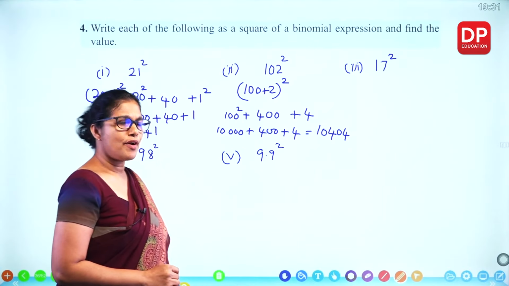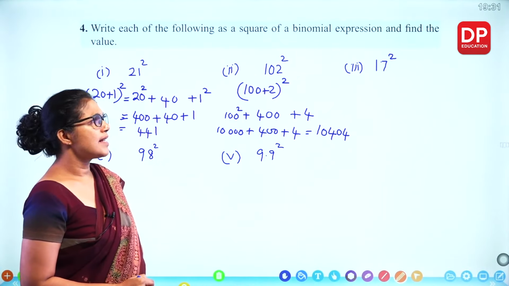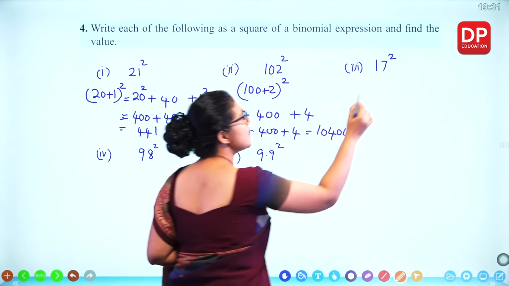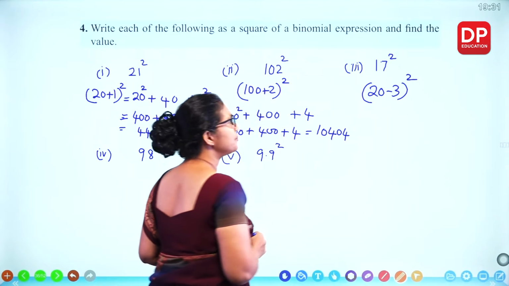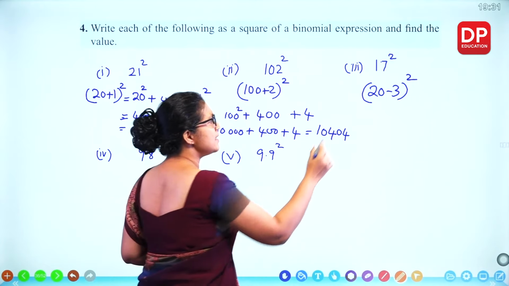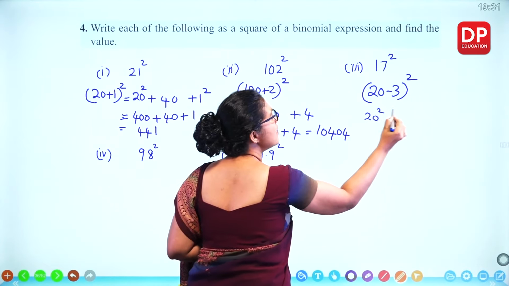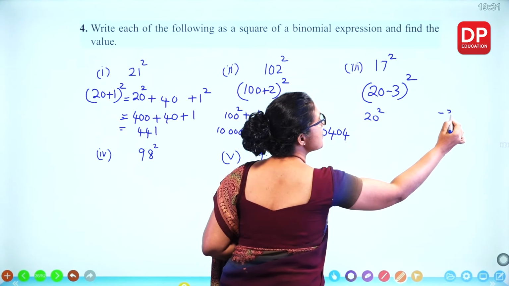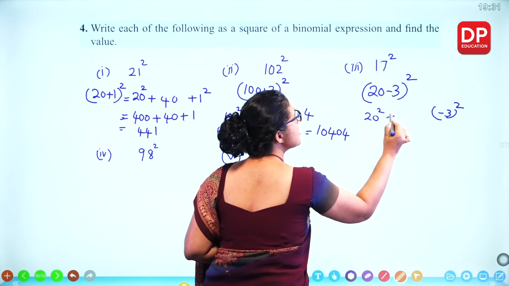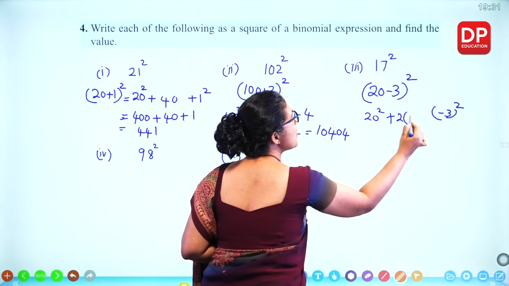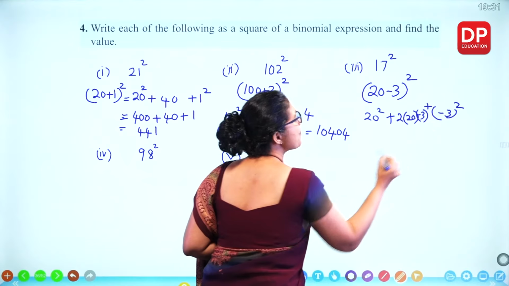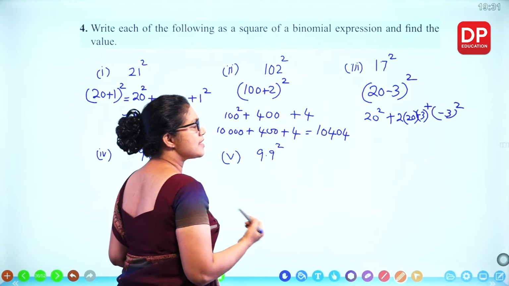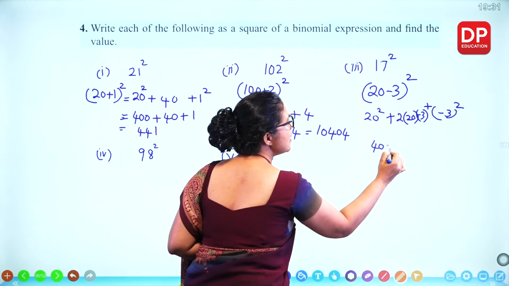17. How can you write it? You can write it as 20 minus 3. So 20 minus 3, whole thing squared. Again use the pattern. First term squared, last term squared, minus 3 squared. What's the middle term? Double of 20 times minus 3. So what's the final answer? 20 times 20 is 400.